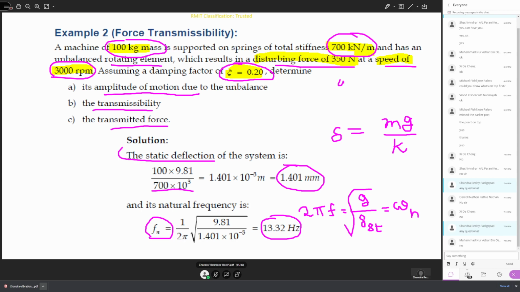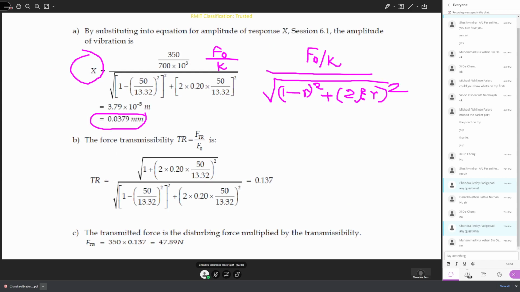If you divide 3000 over 60, you will get rotations per second, so that will be 50. This 50 is the frequency of the rotating mass.